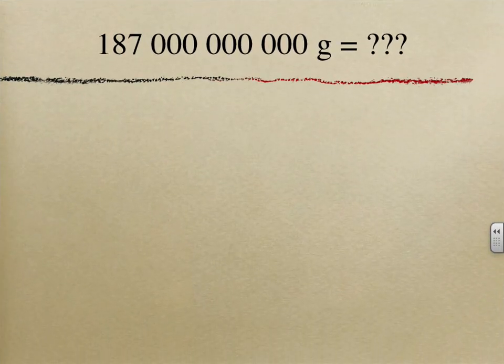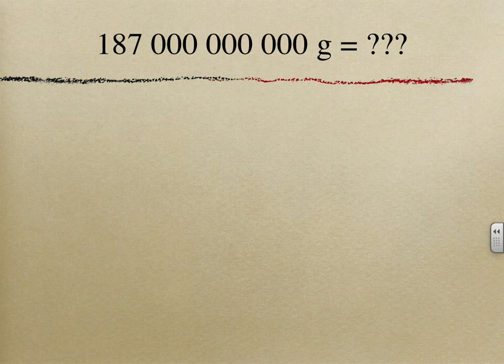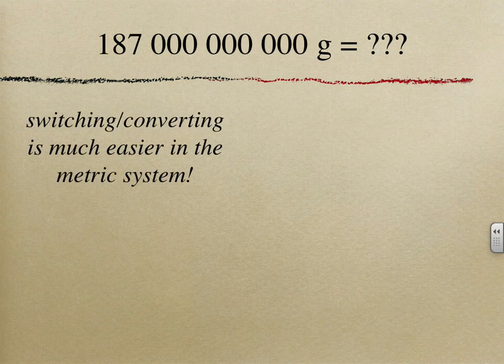Moving on. Here's a number. What if we want to change it to something else? Well, that something else is cool in the metric system. It's very easy if I know my prefixes. So we like it a whole lot more in the metric system. Now, again, if I wanted to change this into a more reasonable number, what if I just wanted 187 and I wanted to stick in a prefix here?